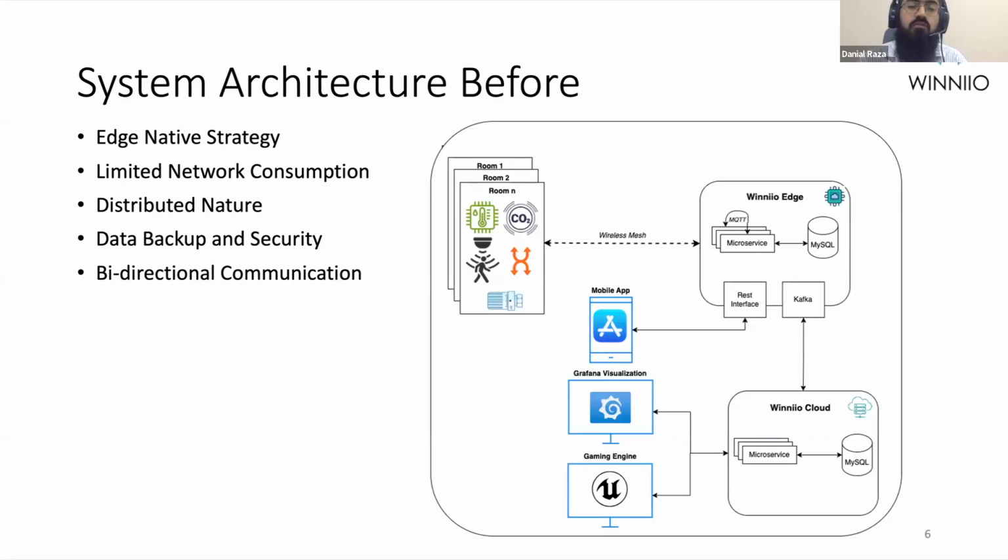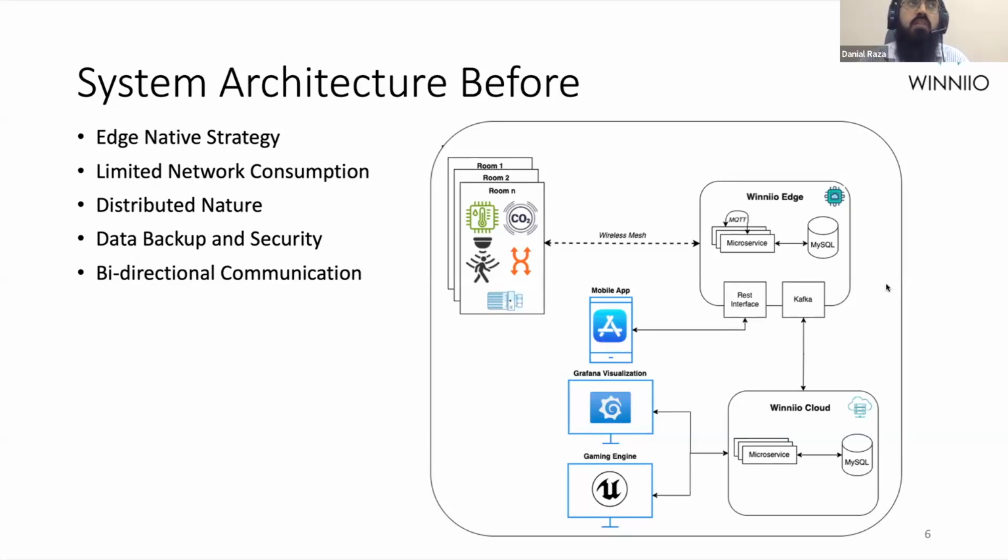One of our requirements, I wouldn't call it a challenge, is bi-directional communication. Meaning that we have actuators that are to be controlled not just by AI, but you can do a manual override.